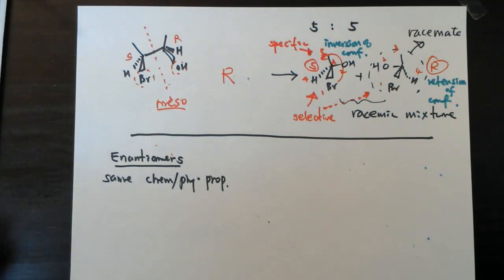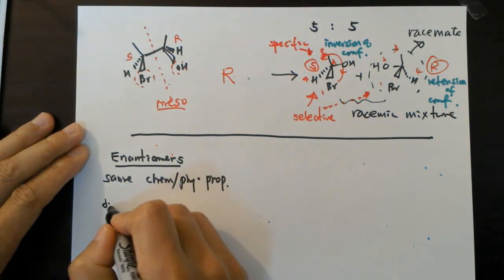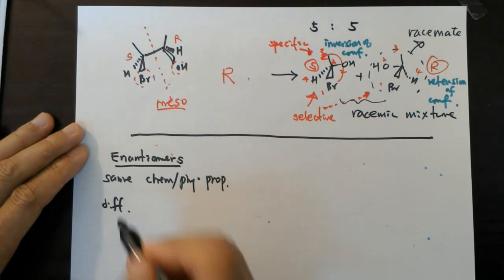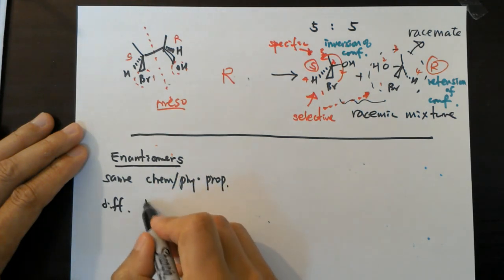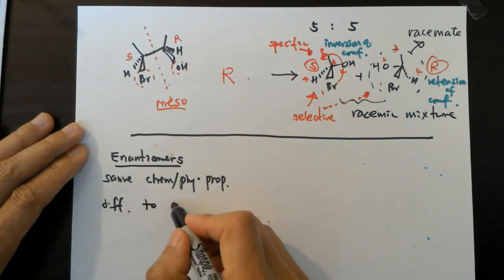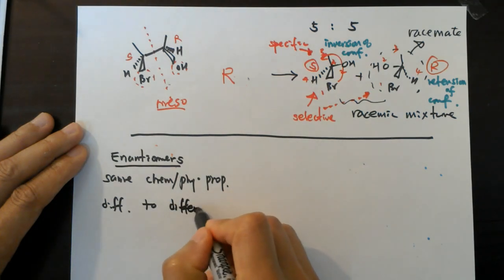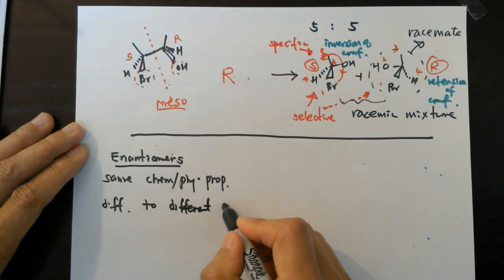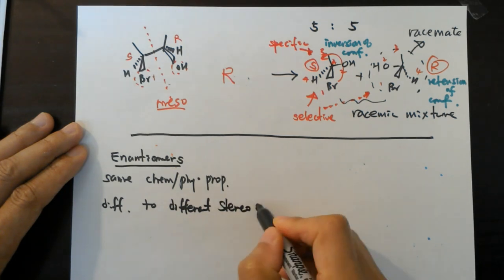They have the same solubility, therefore it makes it difficult to separate by extraction or recrystallization or column chromatography, etc. However, they have a different property toward the different stereoisomers.